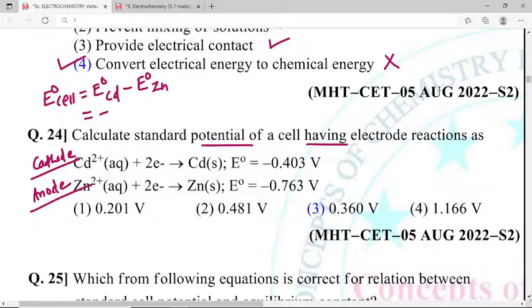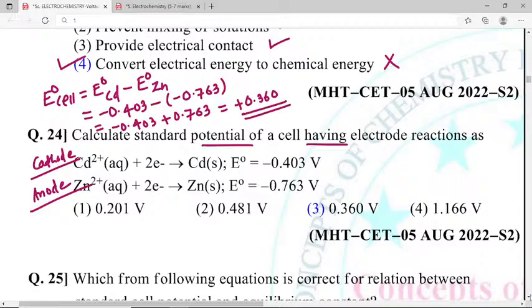Cadmium has the value minus 0.403, minus zinc, which is minus 0.763. So minus minus becomes plus: minus 0.403 plus 0.763. So it should be equal to plus 0.360. This is your answer. Okay, got it everyone?